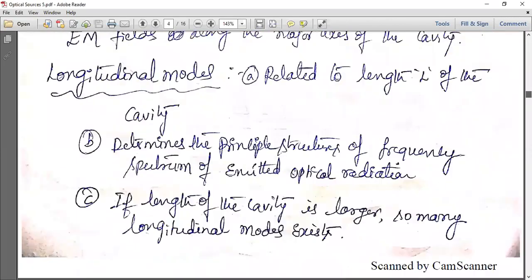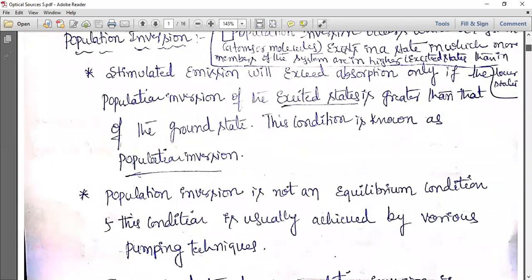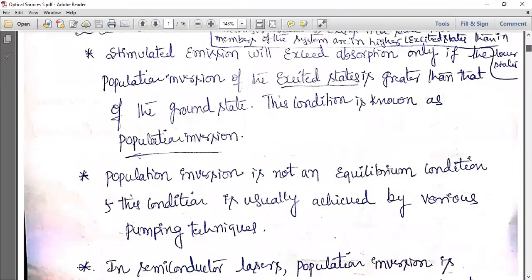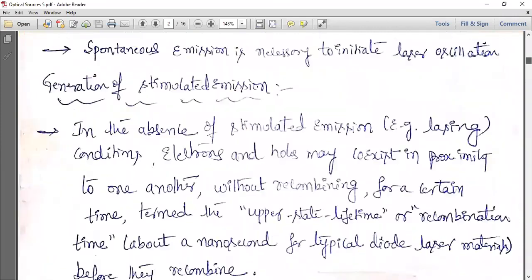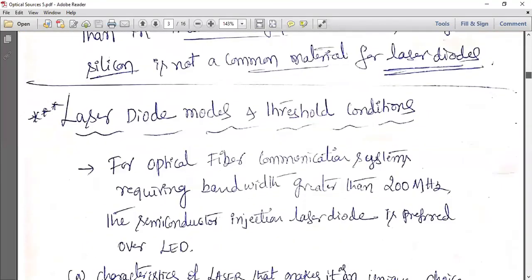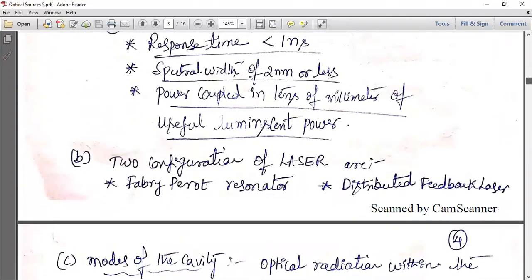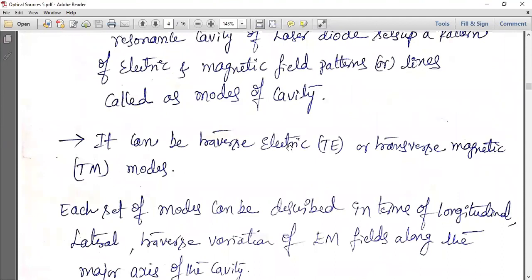So in the last class, I explained the laser, and I explained absorption, spontaneous emission, and stimulated emission, with respect to the diagram. Then I discussed the modes. We have three types of modes, in which within a light you have electric field as well as magnetic field.